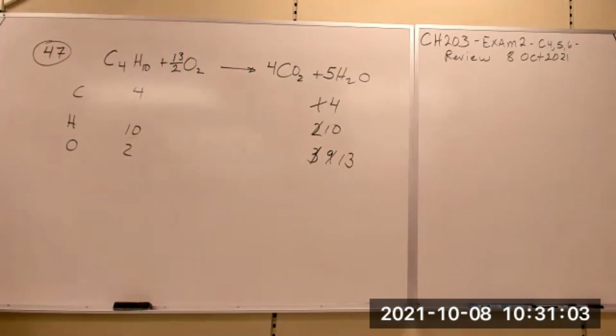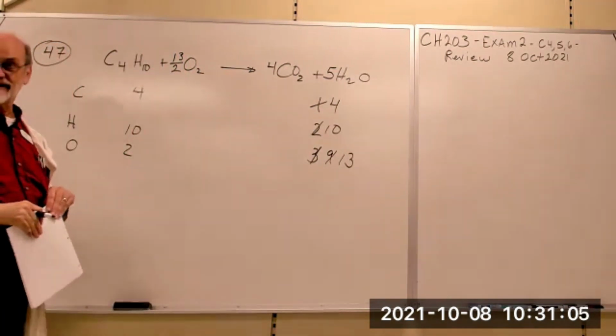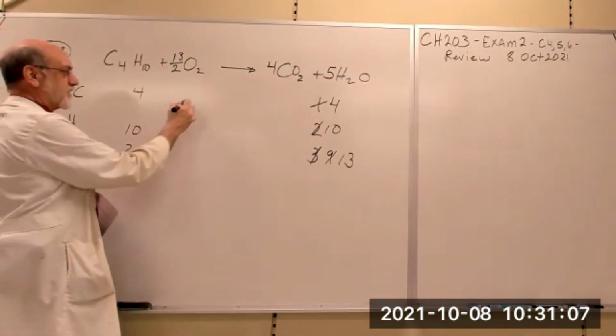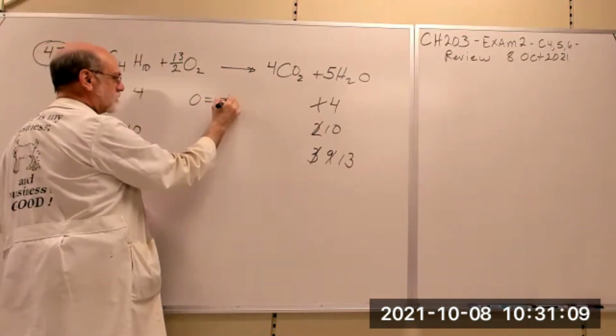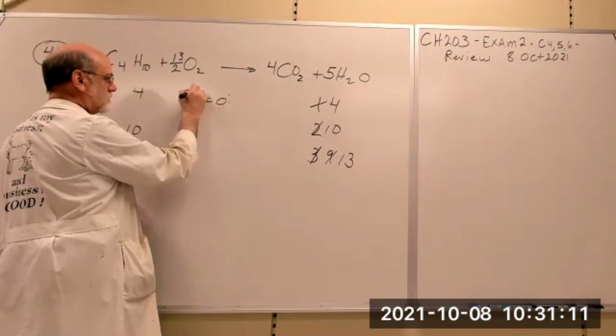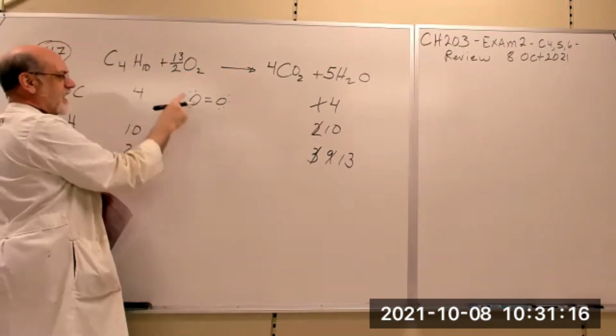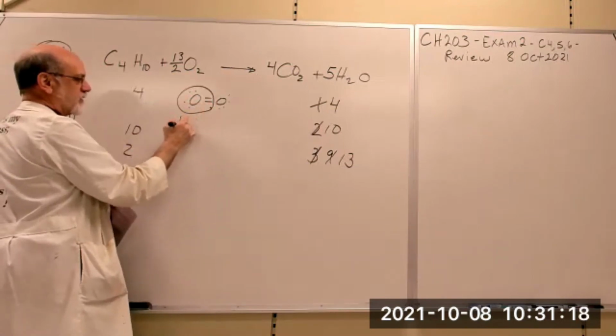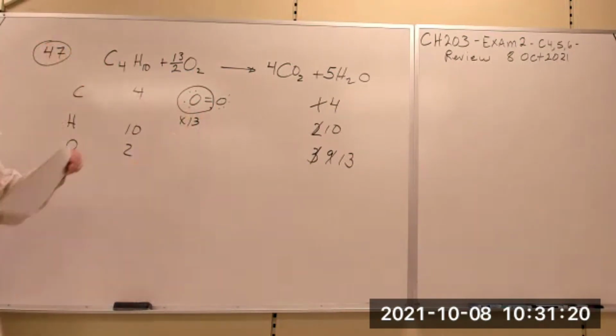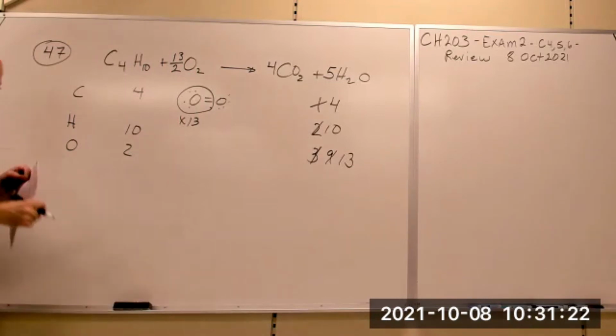Thirteen halves will give you 13 oxygen atoms. Think about it this way. You have 2 oxygens in that molecule, and let's take half of that and times 13. So there you go. You got 13 oxygens.